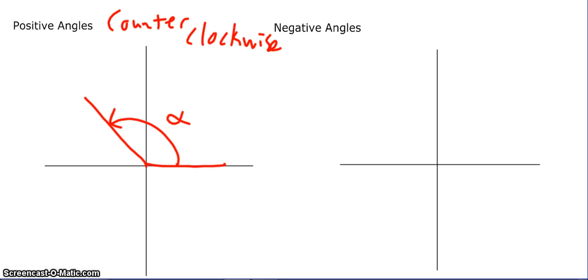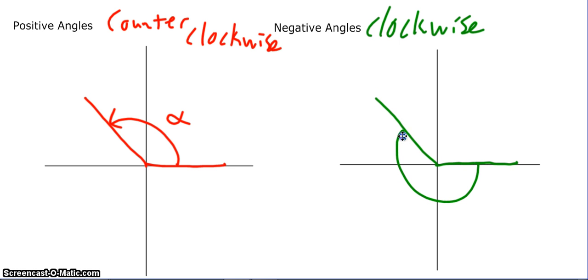Negative angles are measured clockwise. So if I draw kind of the same angle, but now I measure in this direction, this would be a negative angle, and I could call that, let's say, beta.